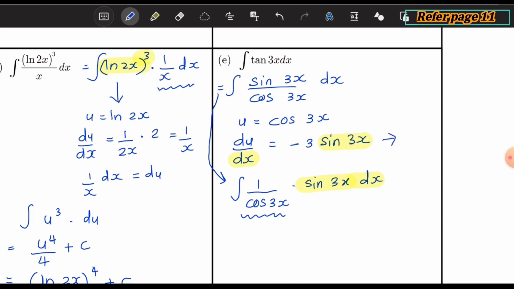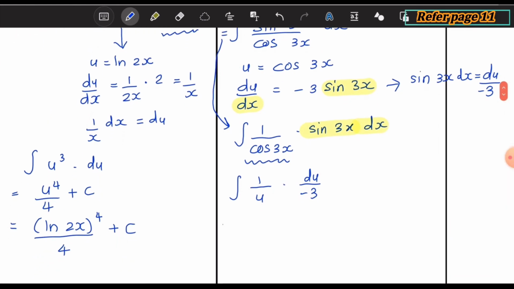Now, we will rearrange the derivative first. So, we have sine 3x dx equal to du over negative 3. Next, we substitute into the integral. So 1 over u times sine 3x dx, which is du over negative 3, or we can write as negative 1 over 3 integrate 1 over u du.